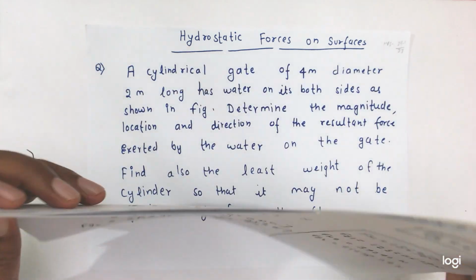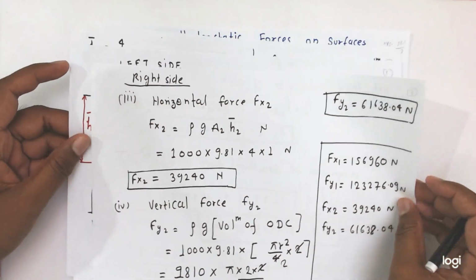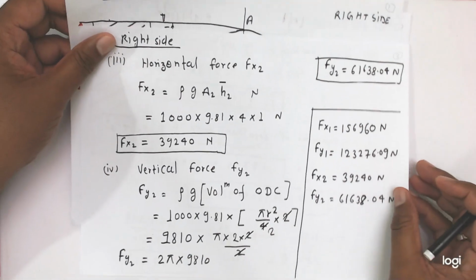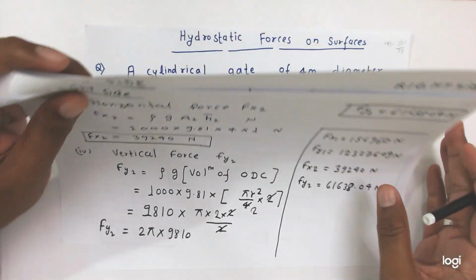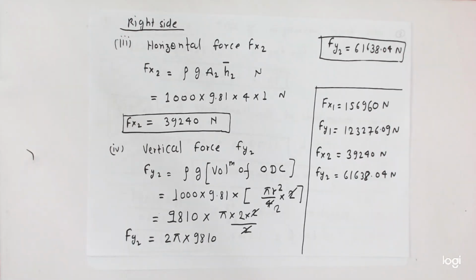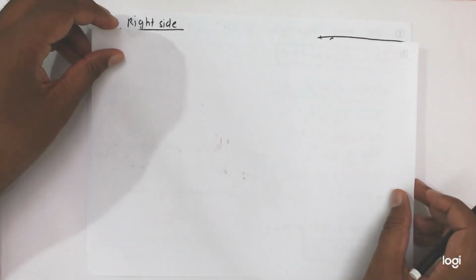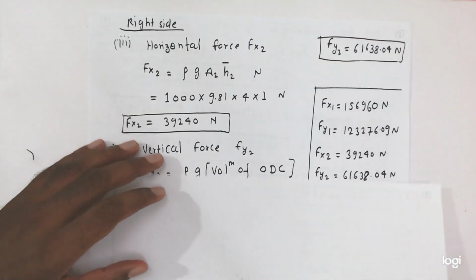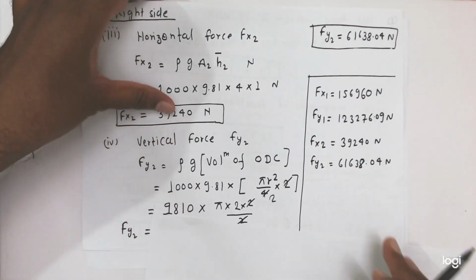We will find the net component of force. It means, friends, what is the net force in x direction and what is the net force in y direction. So from here you see, friends, what happened.